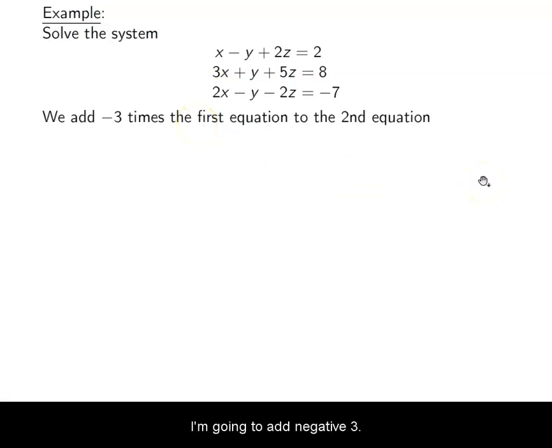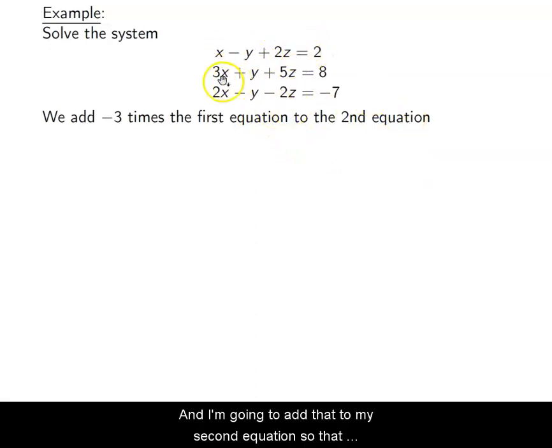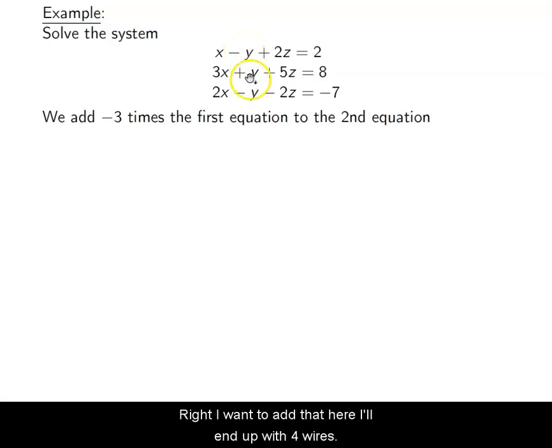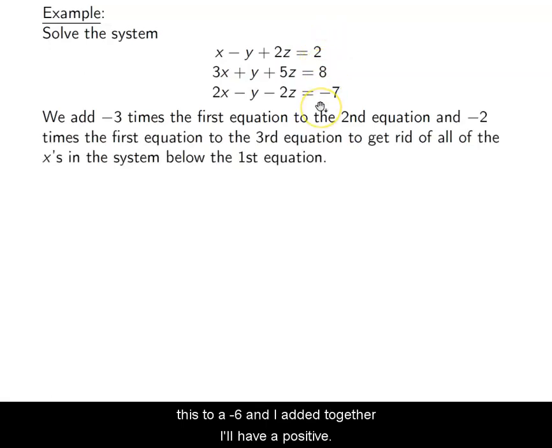I'm going to add -3 times the first equation to my second equation. So that will get these values to disappear. This will turn into a +3, right? And when I add that here, I'll end up with 4y's. This will turn into a -6, and when I add this together, I'll have a -z. That'll turn into a -6, and when I add this together, I'll have a +2.